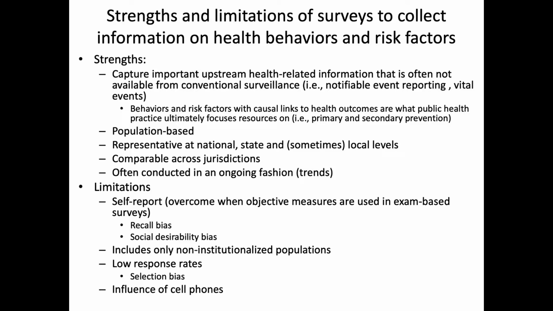You can compare them across jurisdictions because they often ask or measure the same things, ask the same questions. You can compare, for example, things like diagnosed diabetes in New York State versus Texas, for example.